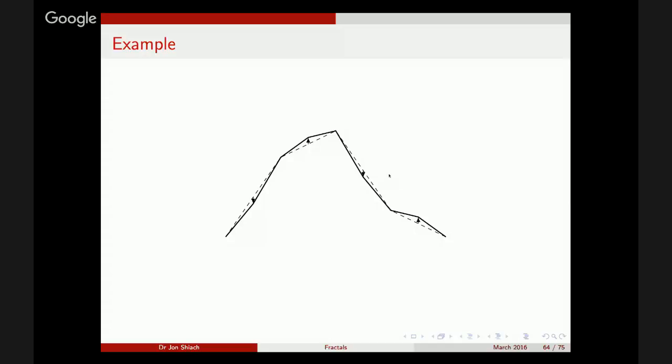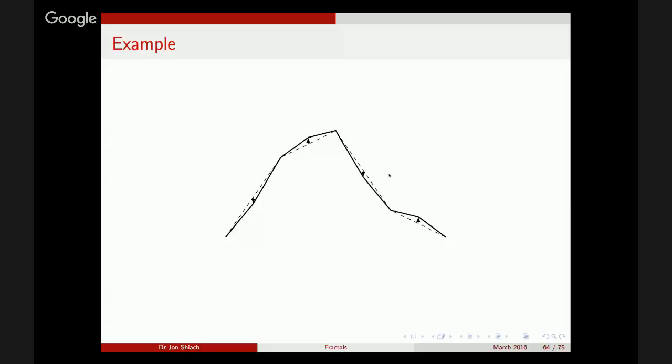So the first midpoint would be 18 plus 0 halved, which is 9, about that point there. So I'm going to toss a coin. Tails. So that point is going to get reduced by that amount. Half of 6 is 3. So 9 minus 3 gives me 6.